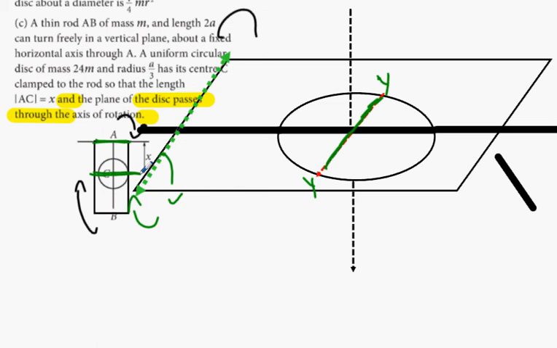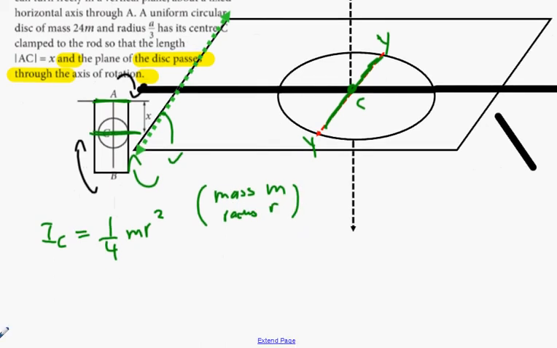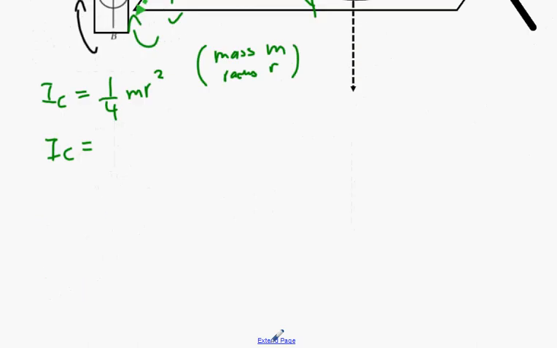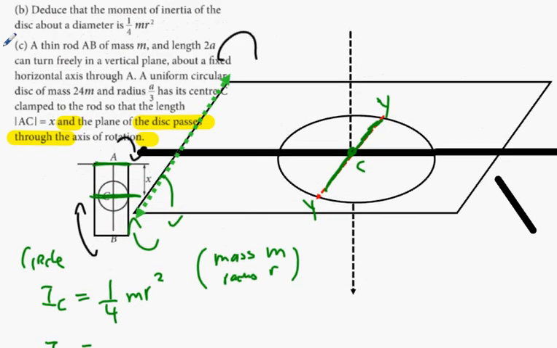So that means that we can do a C here. We can say IC is a quarter mr squared, provided your mass is m and your radius is r. What is it for my one? What's my IC for my circle? What's the mass of the circle, guys? 24m. What's its radius?